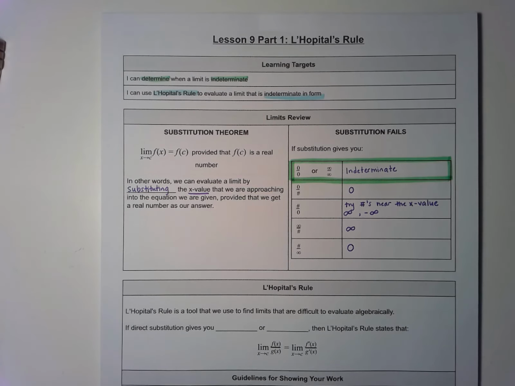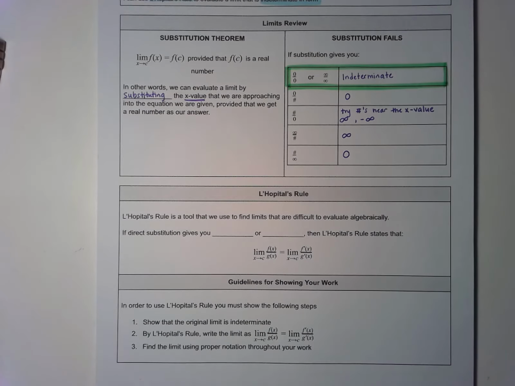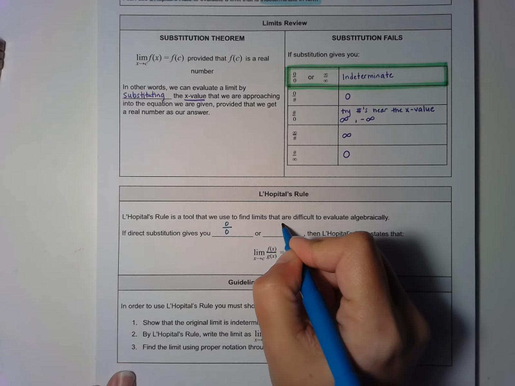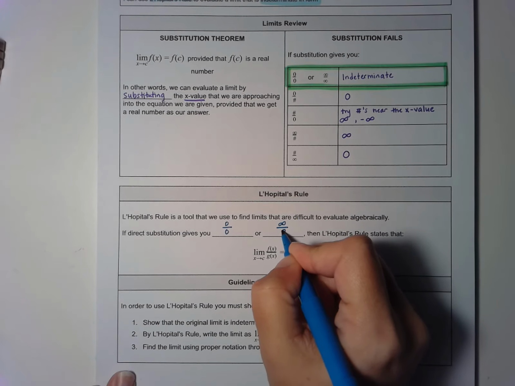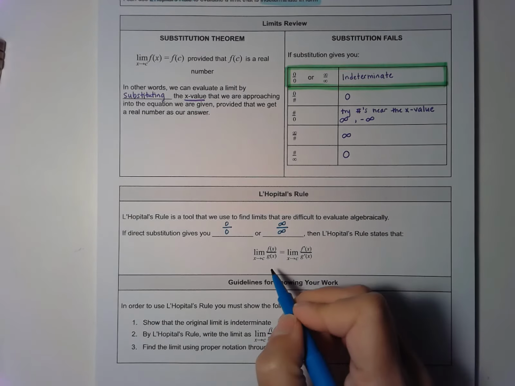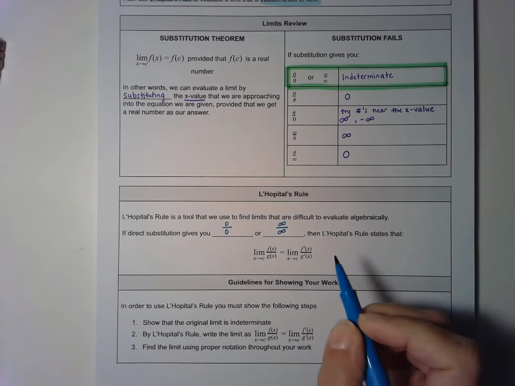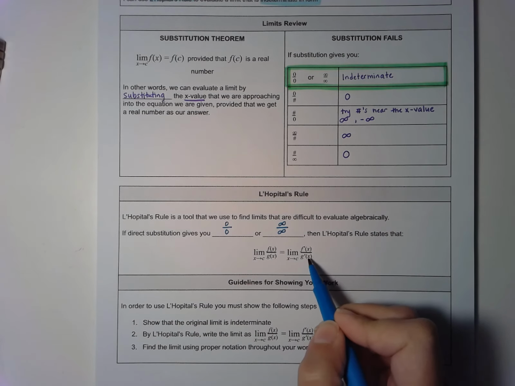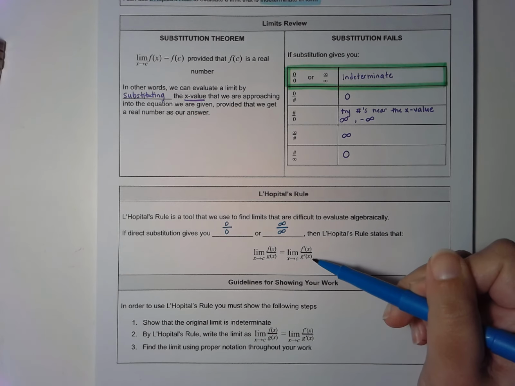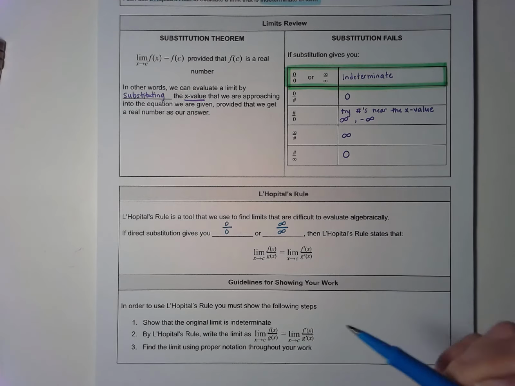However, today we're going to learn something called L'Hopital's rule. L'Hopital's rule is a tool that we use to find limits that are difficult to evaluate algebraically. If direct substitution gives you 0 over 0 or infinity over infinity, then L'Hopital's rule states that the value of the original limit is equal to the value of the limit that you get when you take the derivative of the top and the derivative of the bottom and try to find that limit.